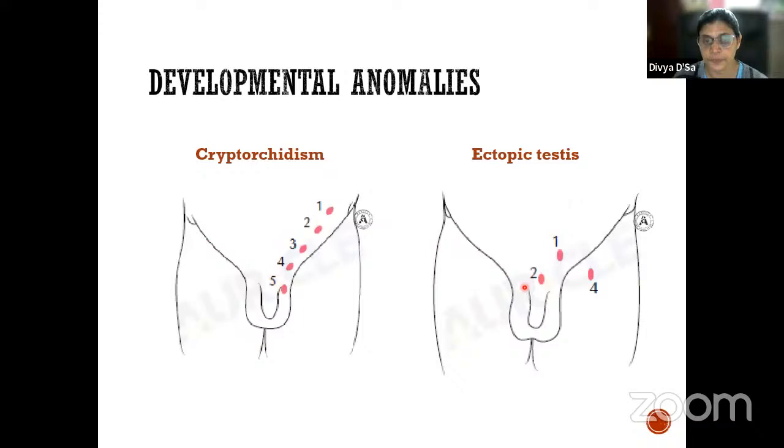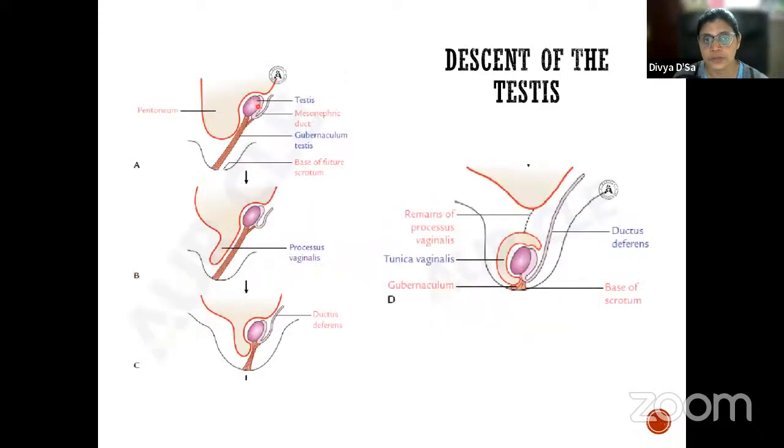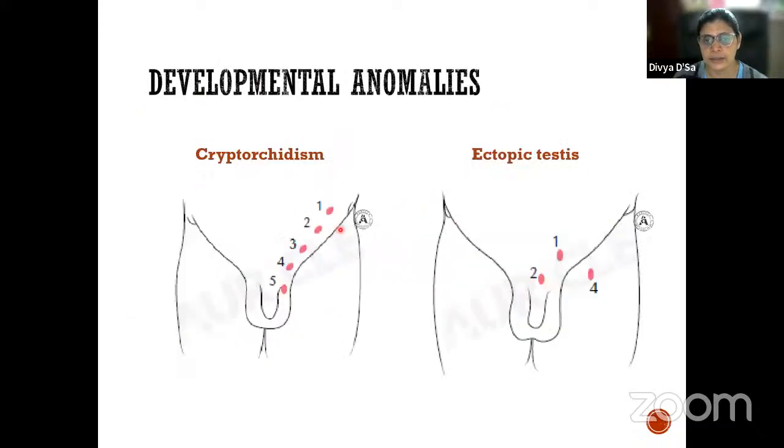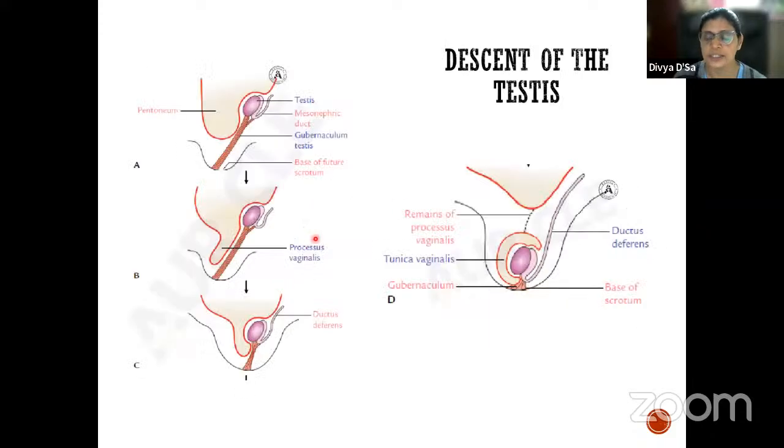of the scrotum. If the testis doesn't descend, we call it cryptorchidism, and it can be at different positions. So the testis is developing where? Up near the lumbar region.